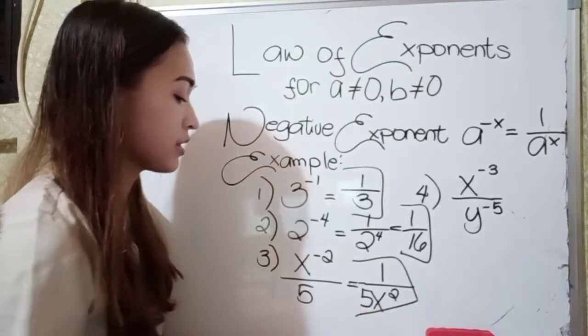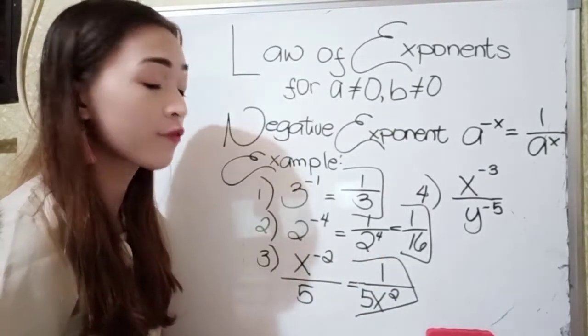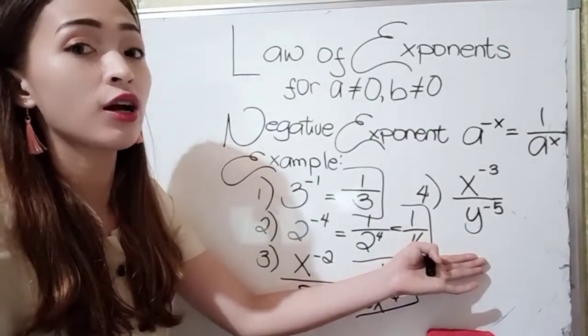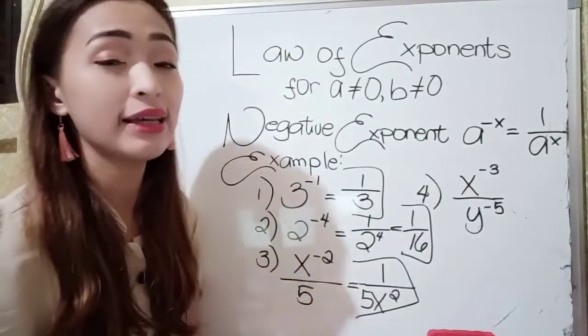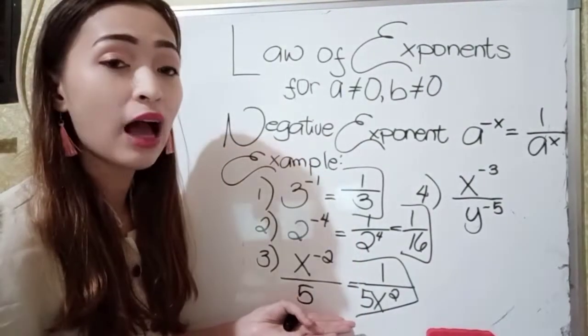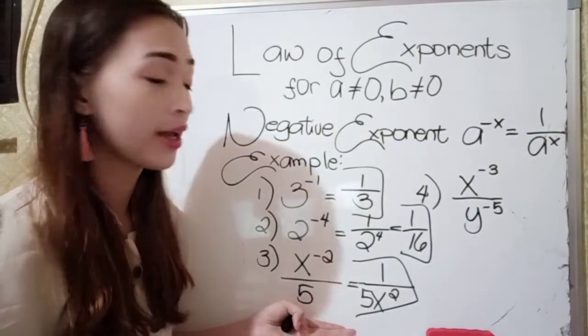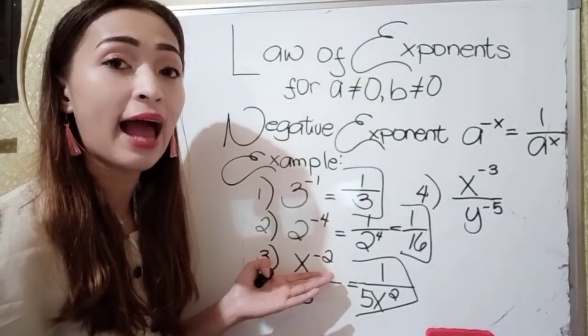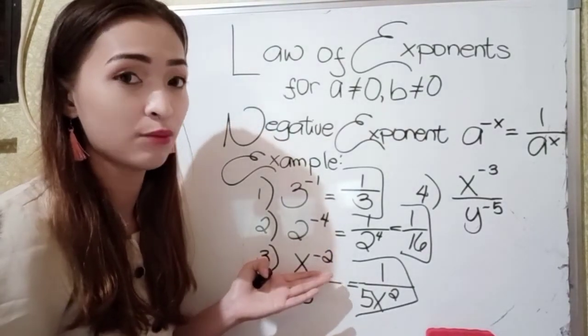So our answer in number 3 is 1 over 5x squared. Unlike in number 4, where our x and y are raised to a negative number. Here, only our numerator is raised to the negative number.